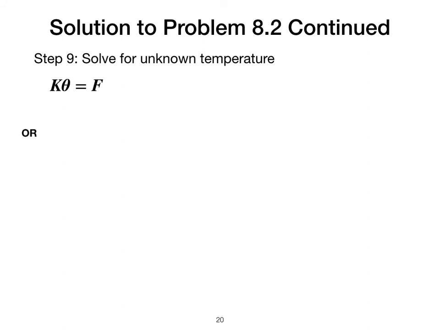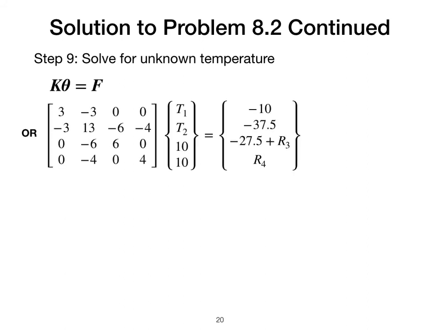Now, the equation k theta equal to F looks like this one. Here, there are four unknowns: T1 and T2 are unknown on the left side, while R3 and R4 are unknown on the right side. That means T1, T2 are unknown in the first two equations, and R3 and R4 are unknowns in the last two equations.